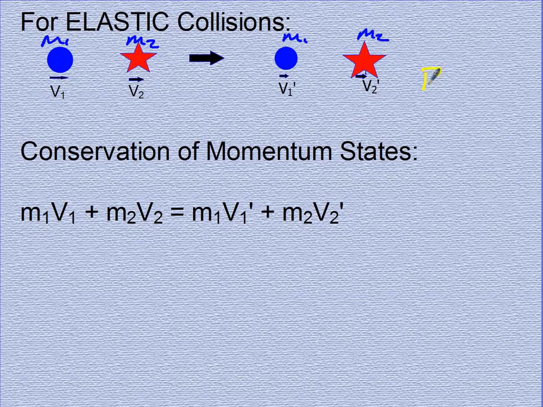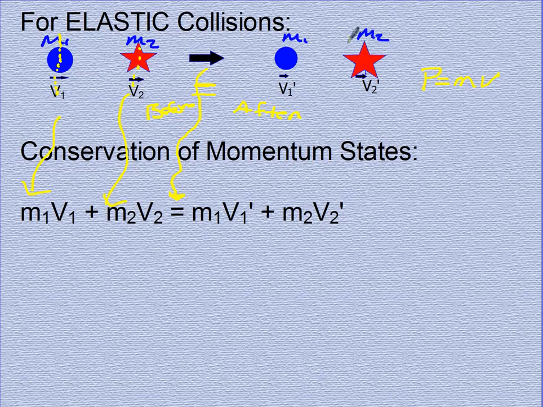Remember, p equals mv. So m1 times v1 is the momentum of your first ball. m2 times v2 is the momentum of your second ball. This collision tells you what is before and what is after. So this collision sign is going to come down as an equal sign.